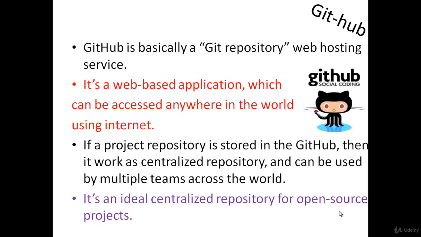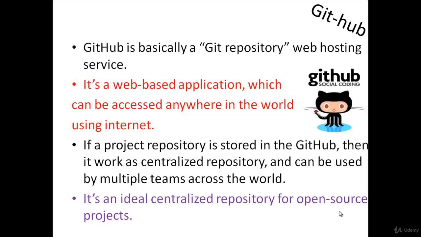So it is basically a web application that can be accessed anywhere in the world using the internet, right? So if your client wants to access the code, he can be at any location and he can take a look at the project code that you commit, what is currently going on in your project.